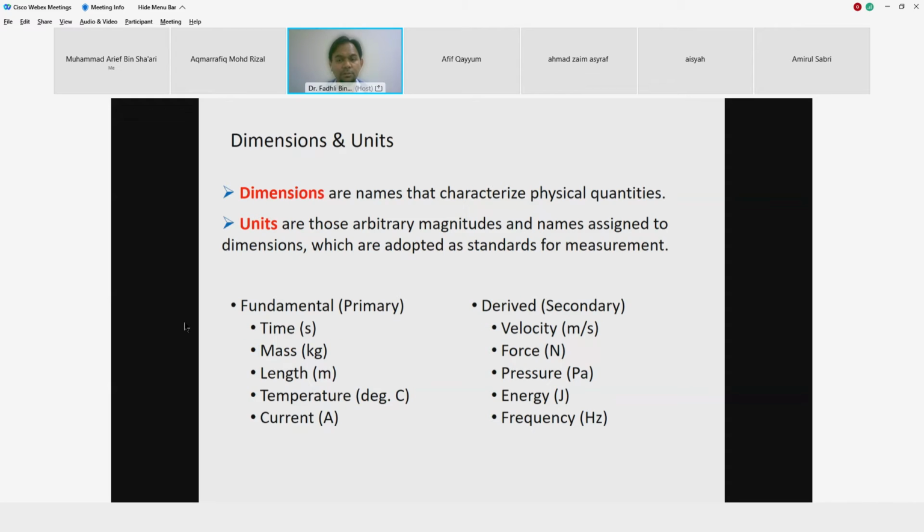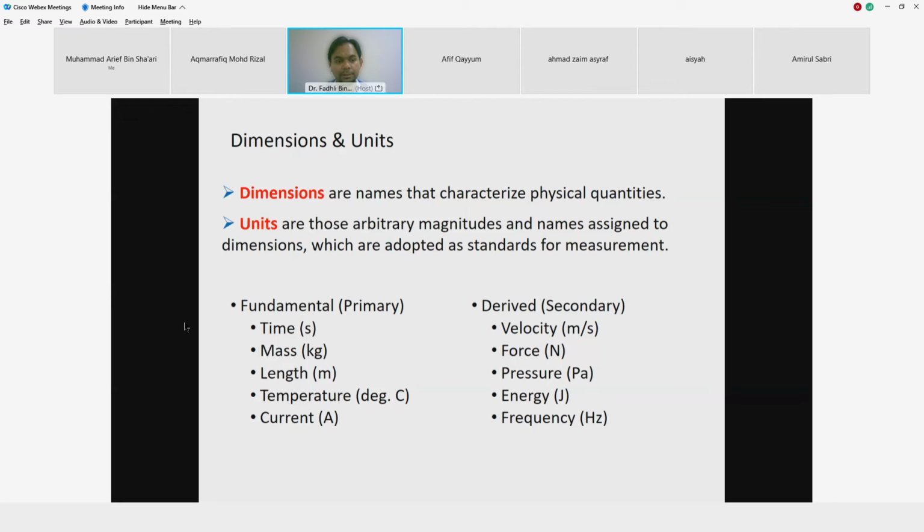Learned before this in high school. Dimensions are the names that characterize physical quantities. But units are those arbitrary magnitudes and names assigned to dimensions, which are adopted as standards for measurement.